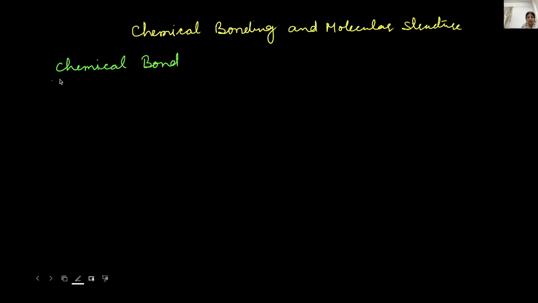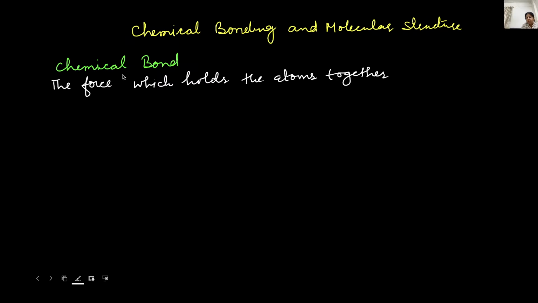The force which holds the atoms together in a molecule. Chemical bond is basically a force which holds the atoms together in a molecule. It is called as chemical bond.